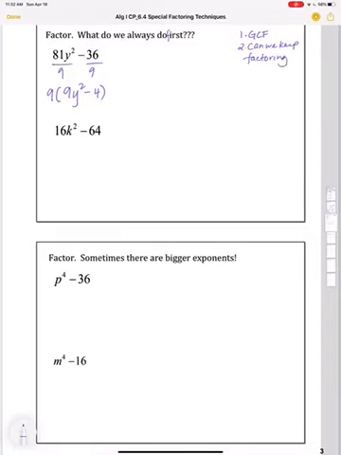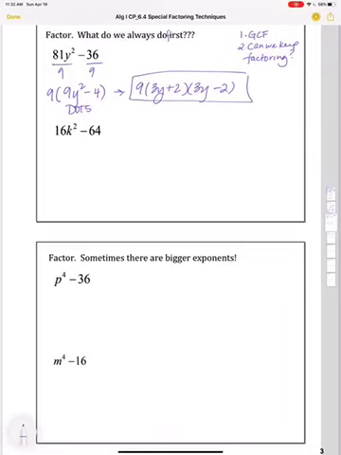So it's like you're starting that process all over, with just the problem 9y squared minus 4. And yeah, 9y squared minus 4 is the difference of two squares. So you'll have 9, that GCF in front, and then you'll have 3y and 3y and plus 2 and minus 2. And that would be your final answer.